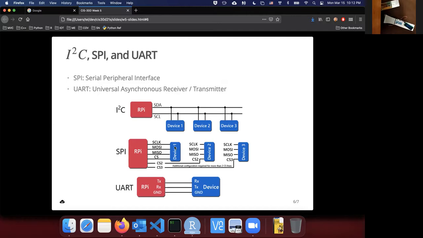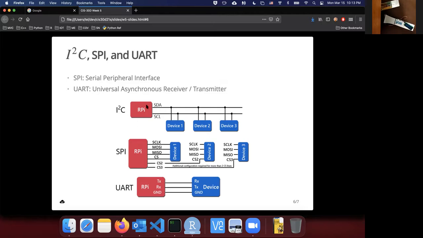This is defined in terms of direction, which way the data goes when communicating with a device. And CS is the chip selection. On the Raspberry Pi, the pins say CE0, CE1. That's chip enable, and that's the same as the CS.